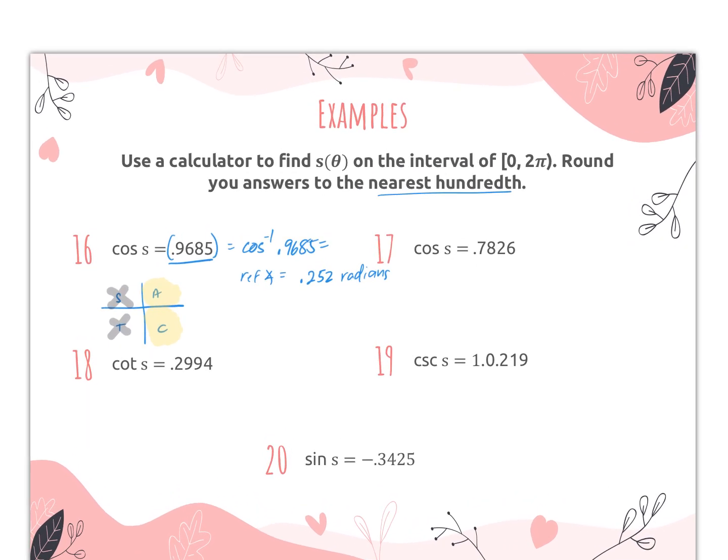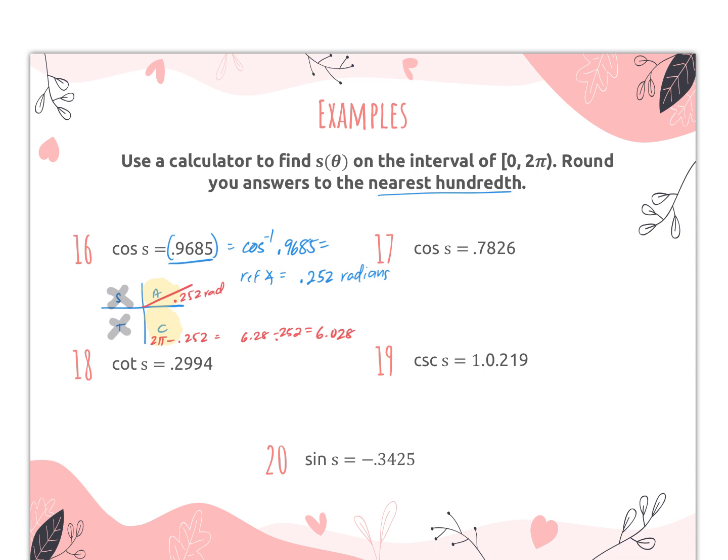So in quadrant 1, my answer is that angle. So 0.252 radians is going to be one of my answers. And then I'm going to use that reference angle in quadrant 4, which I know is 2 pi minus 0.252 radians. So I can come to my calculator and do 6.28 minus 0.252, and I'm going to get 6.028.